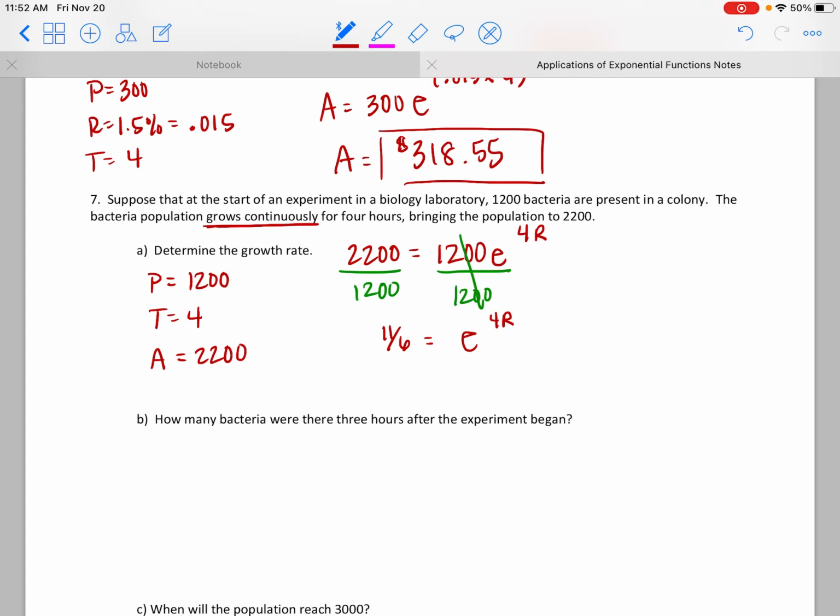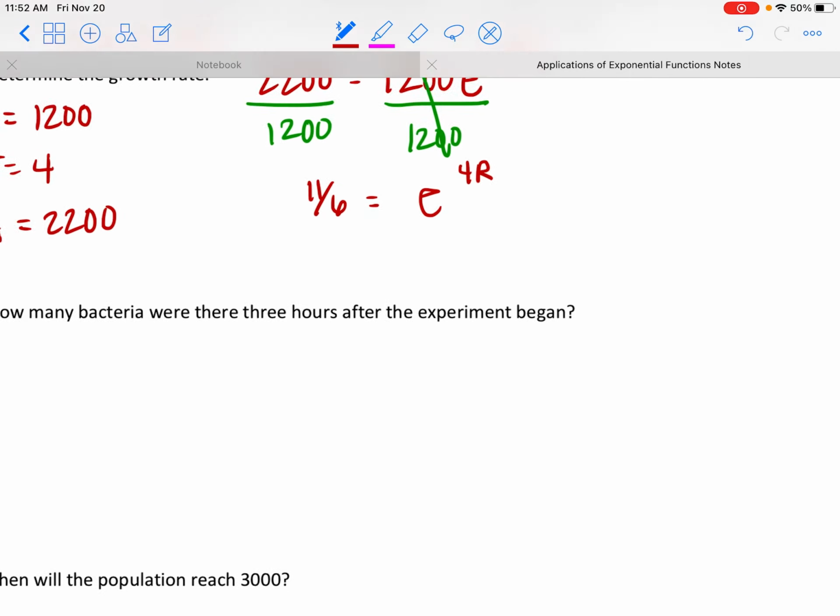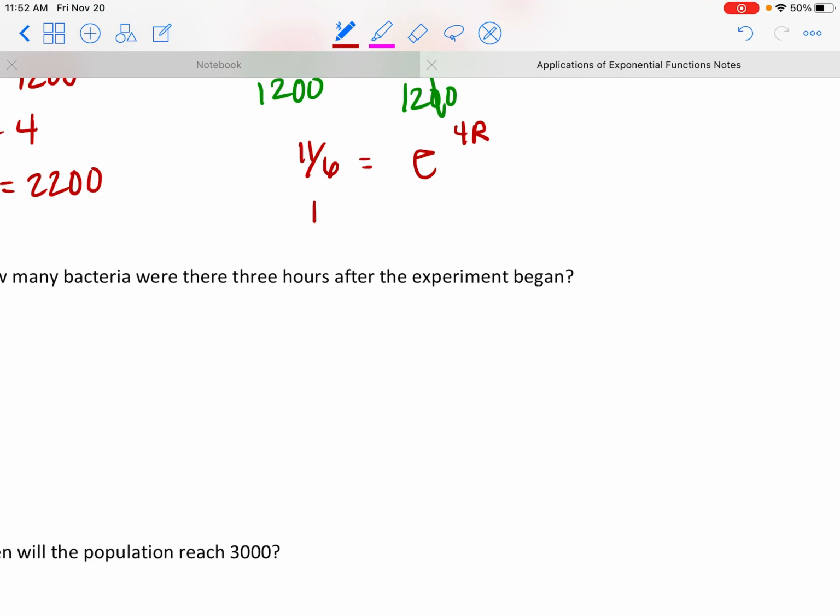Now this is the perfect situation for us to rewrite this in log form. Because our base is e, we're going to use natural log when we rewrite. So this would be the natural log, base e, of 11/6 is equal to 4r.